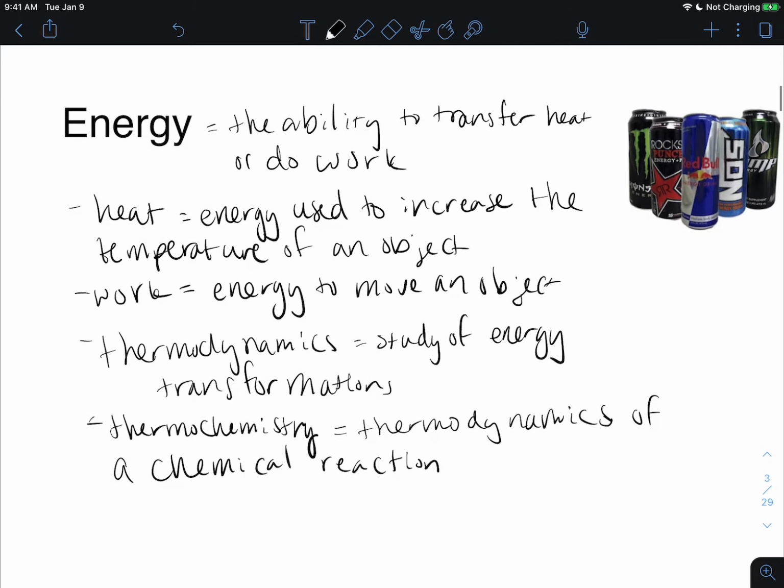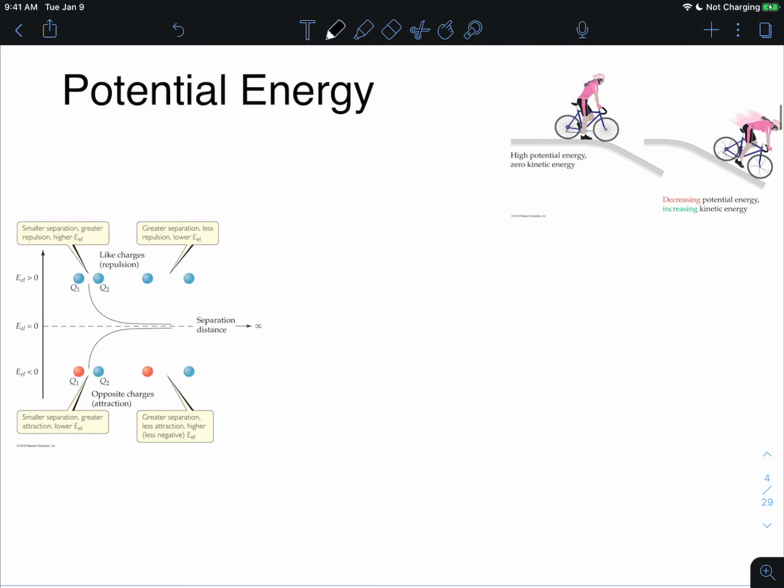So we have potential energy. Potential energy is stored energy. And it's the one we're most concerned with when we're talking about chemistry. So we can have stored energy due to an object's position or the chemical composition.